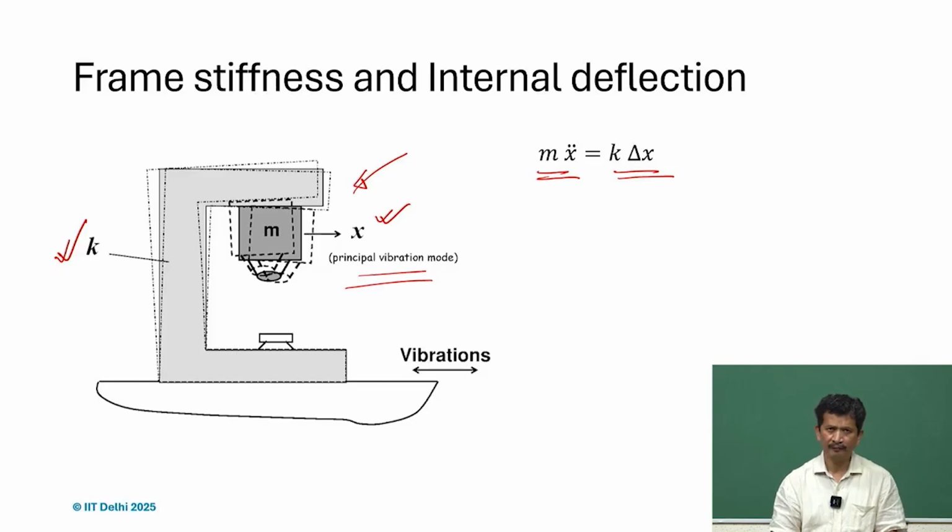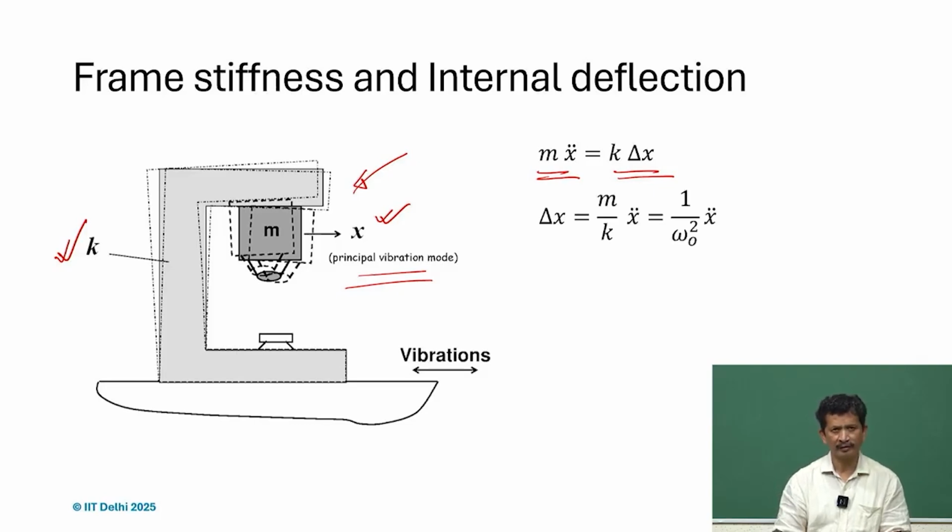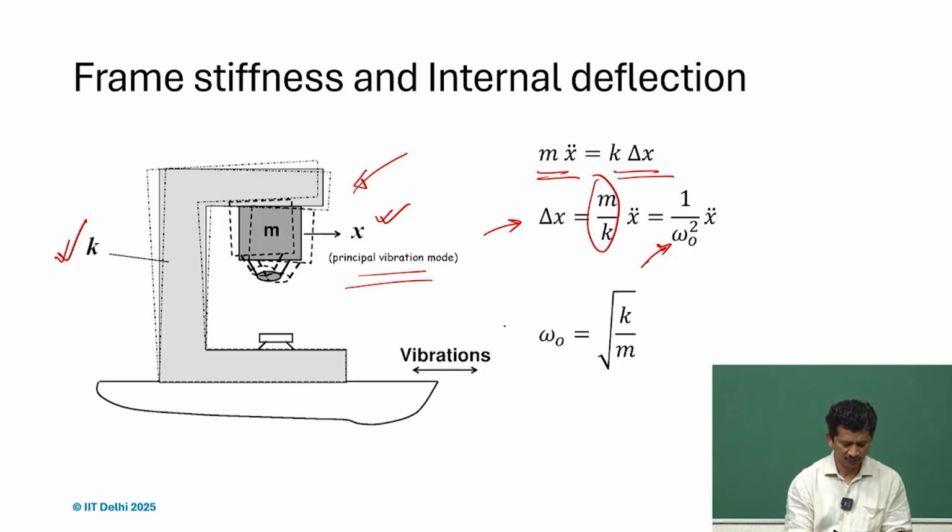If we rewrite it in terms of deflection, we get m by k times x double dot, and we can always write this in terms of omega naught, which is the fundamental frequency. This omega naught is the square root of k by m.